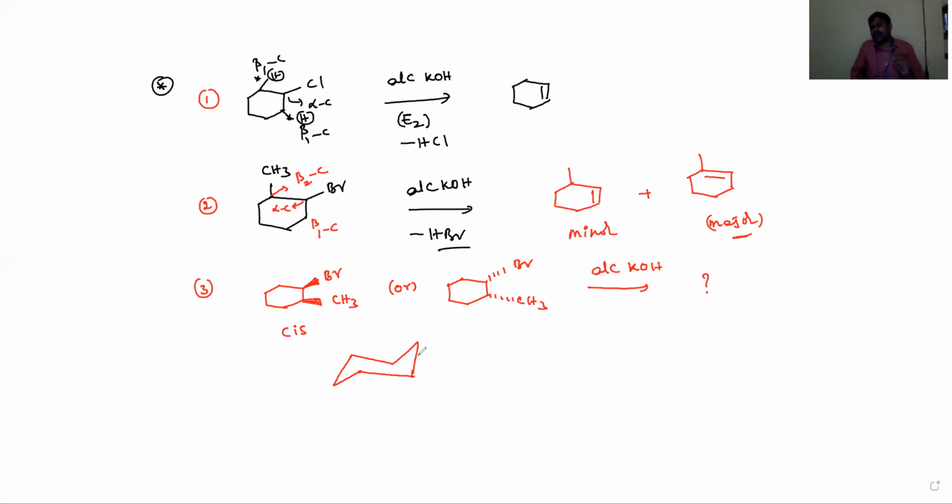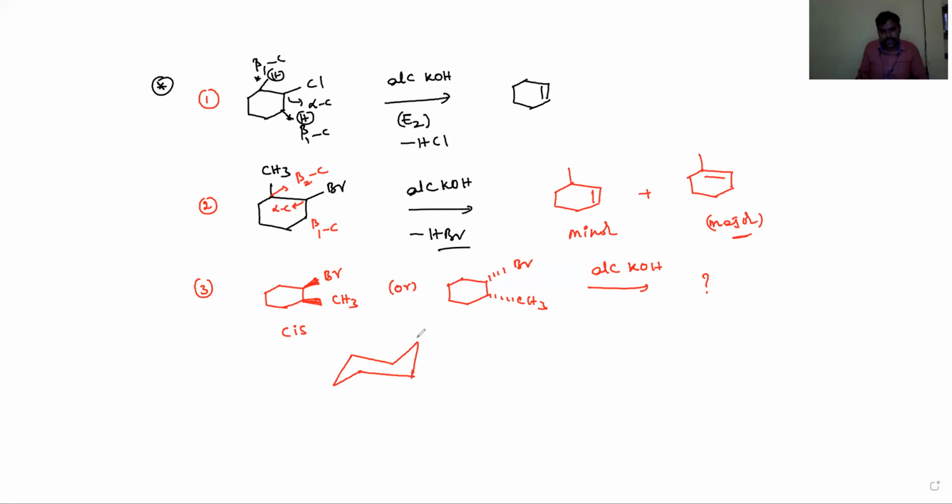The two hydrogen atoms are not equal: one is in the axial position, and the other is in the equatorial position. Now bromine and CH3 groups are attached, both on the same side, meaning cis. We have to draw the cis form.